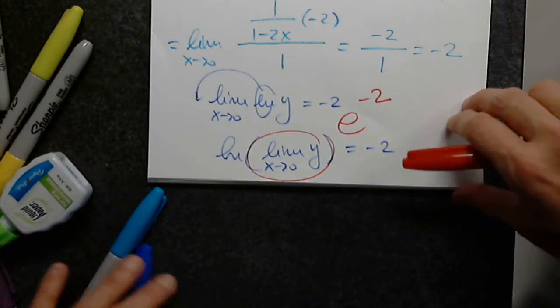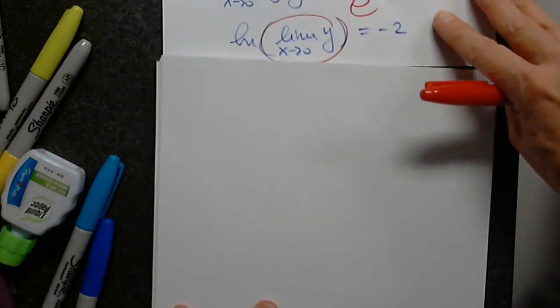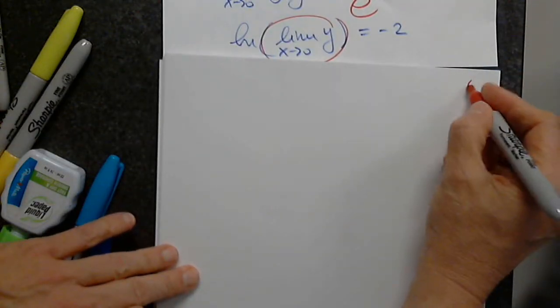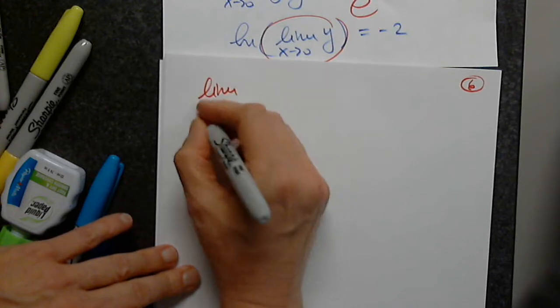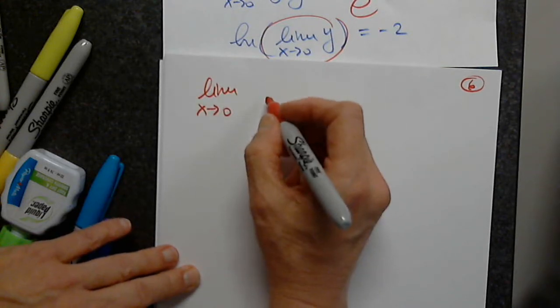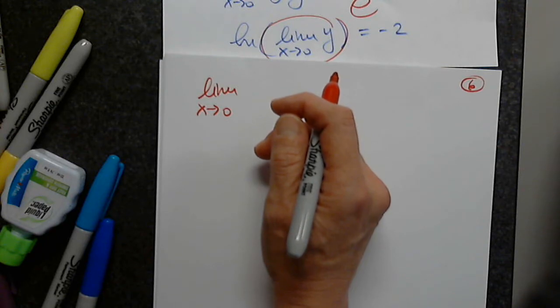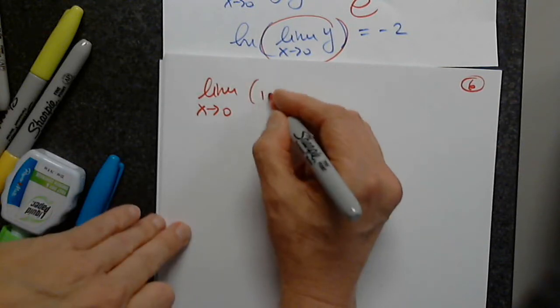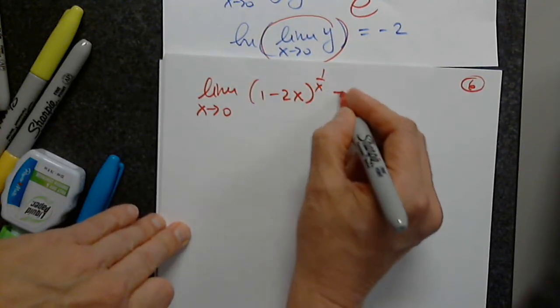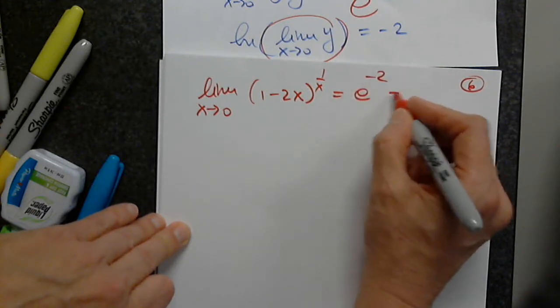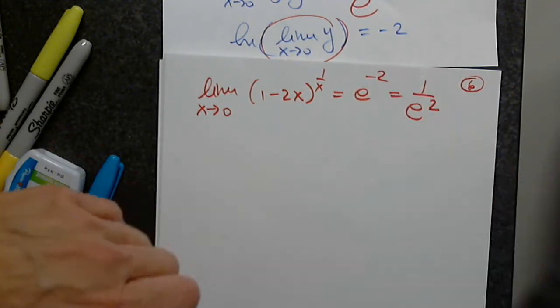So coming back to our problem, we were asked to find the limit as x approaches 0 of 1 minus 2x raised to 1 over x. And the answer is e to negative 2, or 1 over e squared.